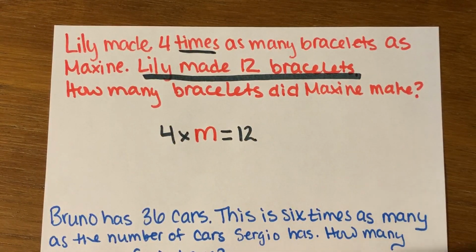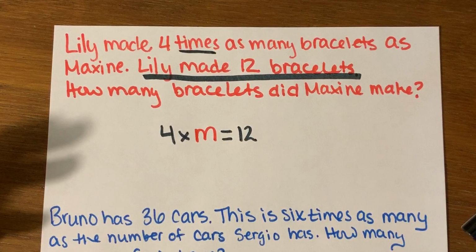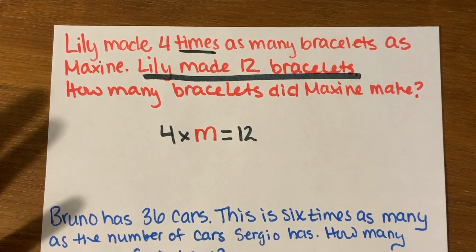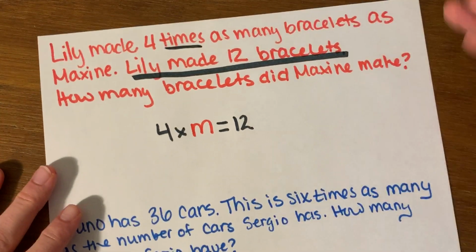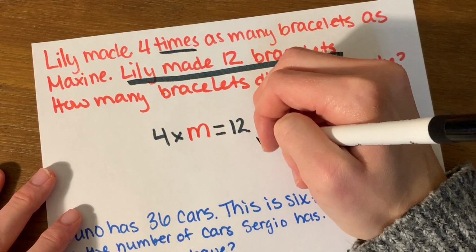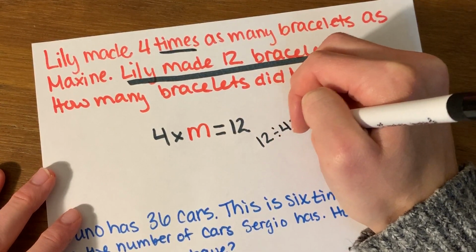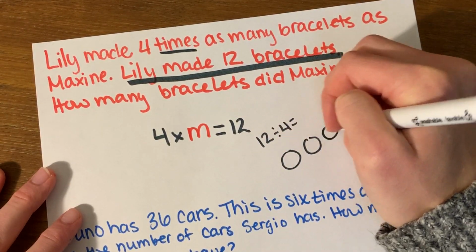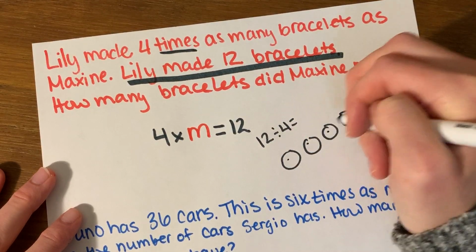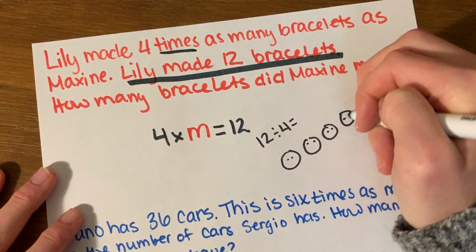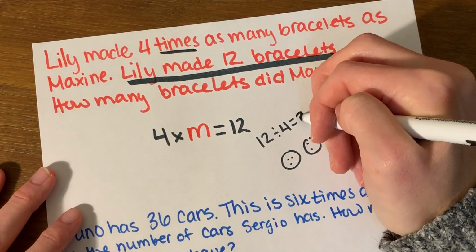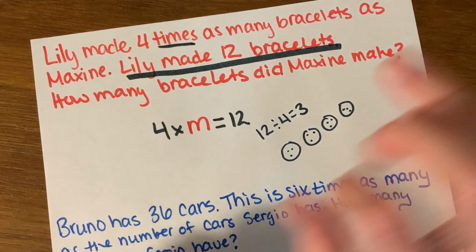Now there's a couple of ways we can go ahead and solve this. If we already know what 4 times what equals 12, then we can just go ahead and plug it in. But say we don't. We could do 12 divided by 4, and we could divide this into groups 1, 2, 3, 4, 5, 6, 7, 8, 9, 10, 11, 12, and get 3.